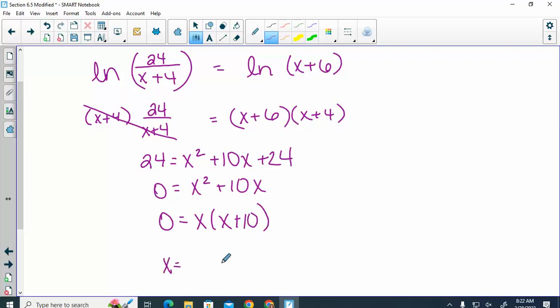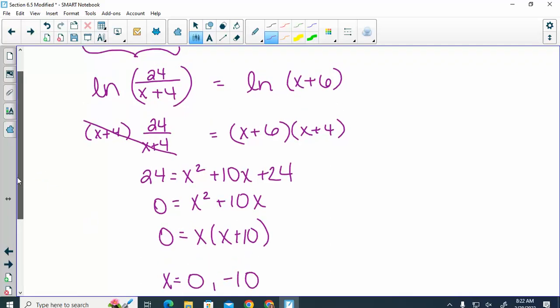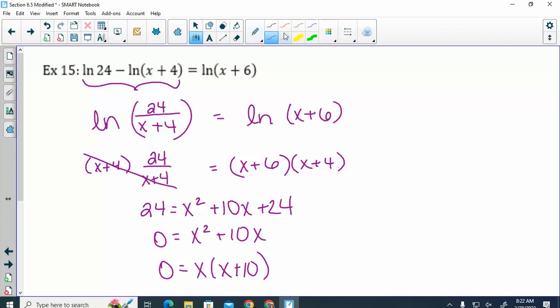So we get x to equal -10 and 0. Check them. Go back to the original. If we put in 0, are all the arguments positive? Okay, what about with -10? No. So x equals 0 is the only answer that works.